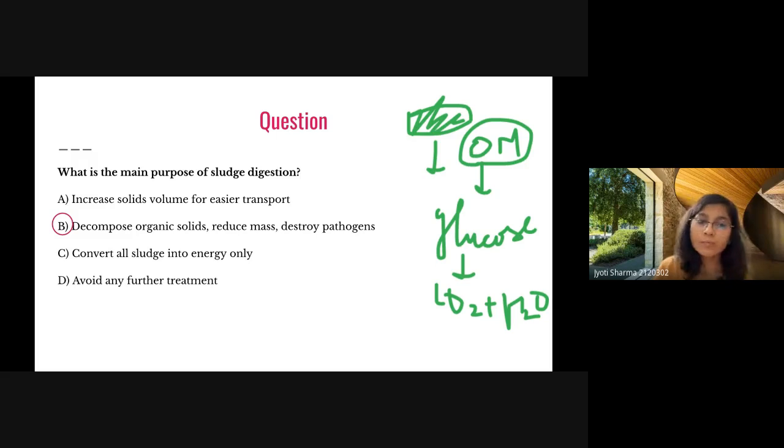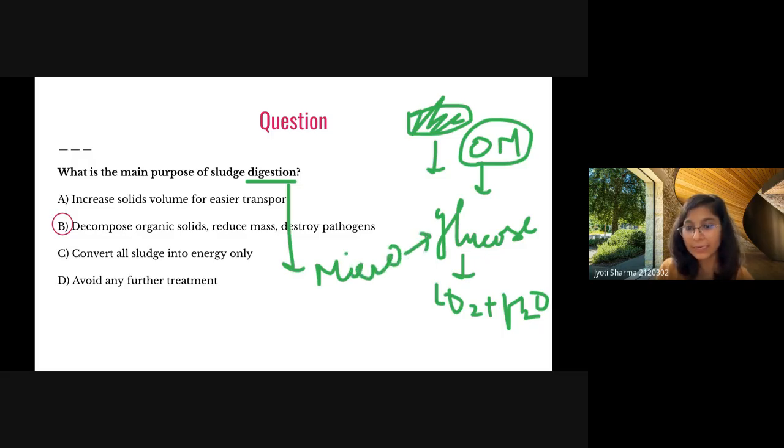So one process is digestion. This digestion is done with the help of microbes. Those microbes will decompose such material, for example glucose, that is, they will decompose organic solid. This is how it will reduce the mass, and it also has the potential to destroy pathogens, because some of the microorganisms work at higher temperature.